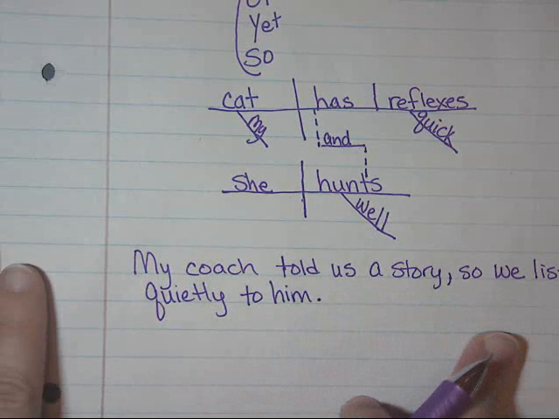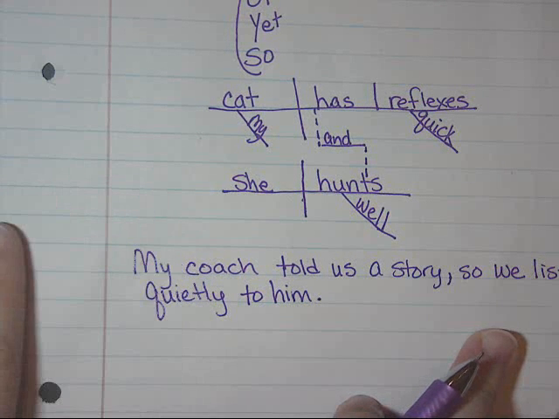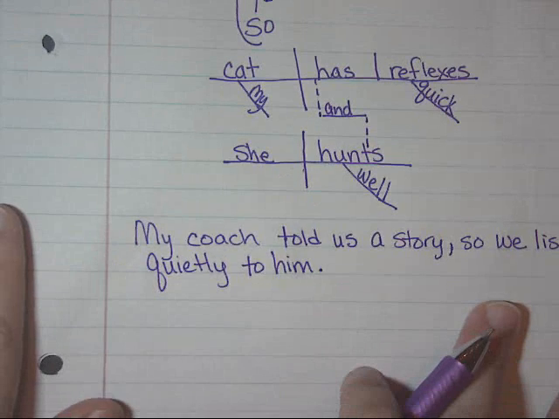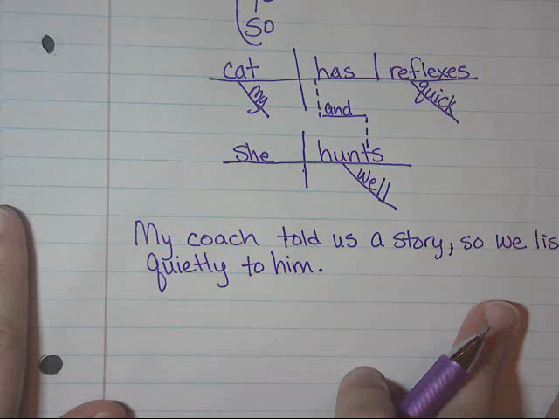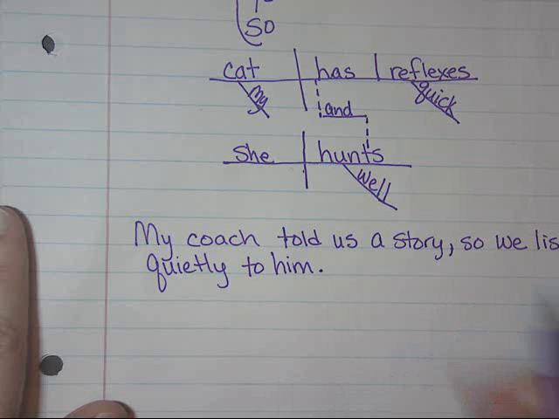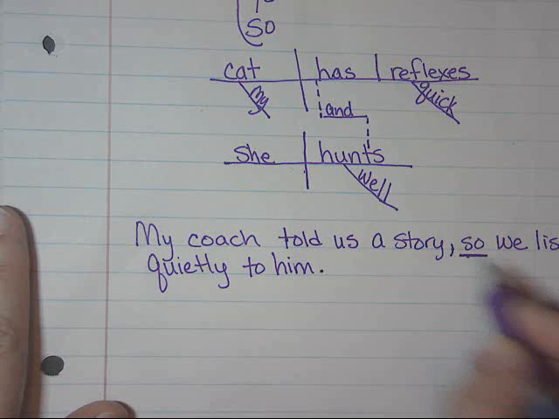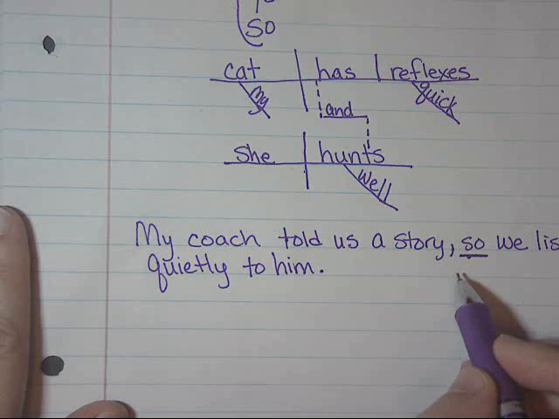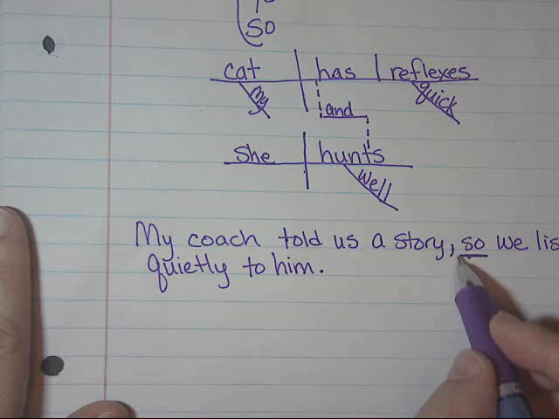Now this is going to incorporate two of the skills we've already learned in our previous lessons, along with the basics. And we're going to use our compound skills. First, find your conjunction. Right. And see how your comma goes before it? Because the conjunction isn't strong enough on its own to hold two complete sentences together. It needs the help of the comma.